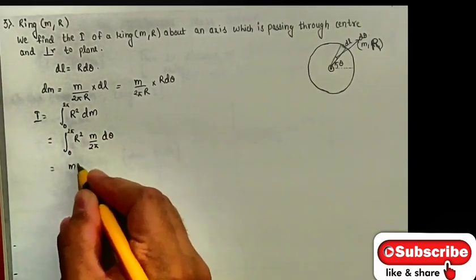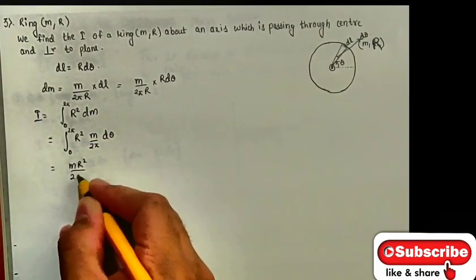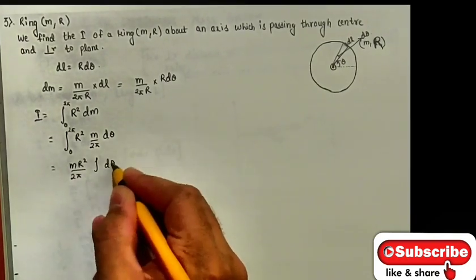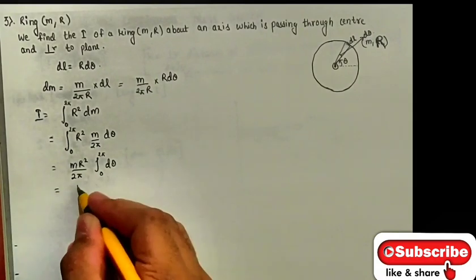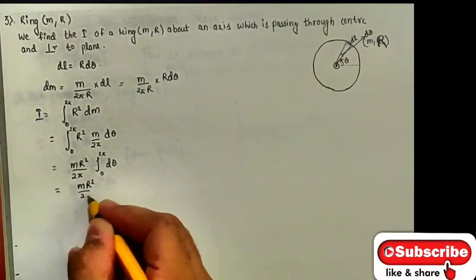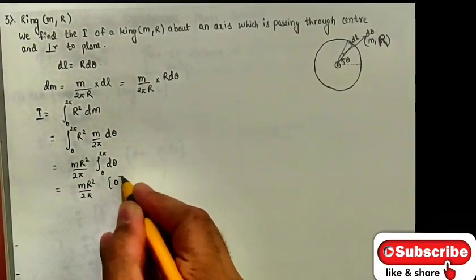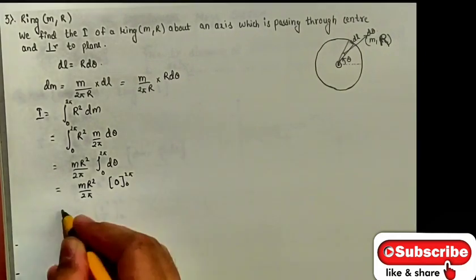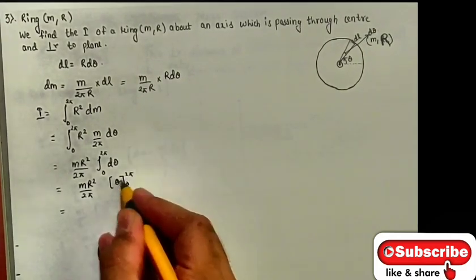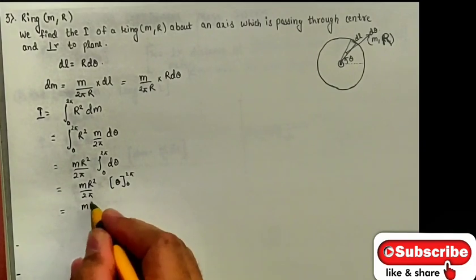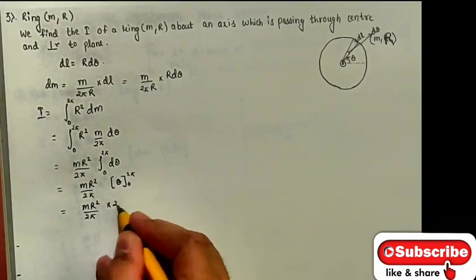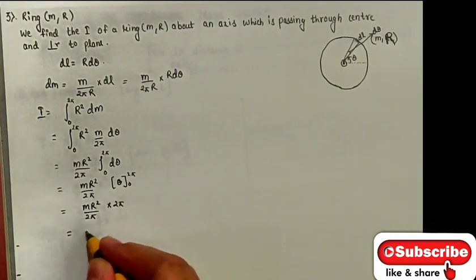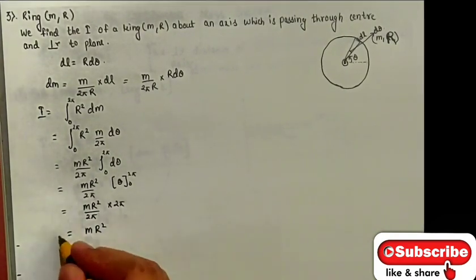So m r square by 2 pi will come out and we have d theta from 0 to 2 pi. Now m r square by 2 pi into theta from 0 to 2 pi, which will give us m r square by 2 pi into 2 pi. So our answer is m r square.